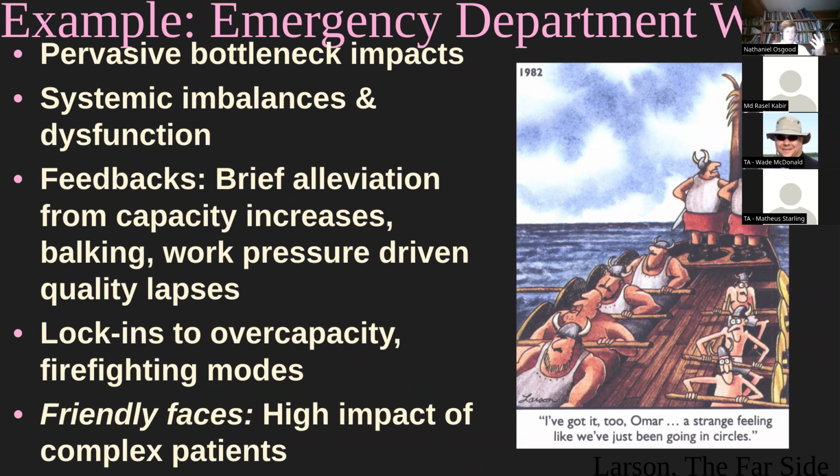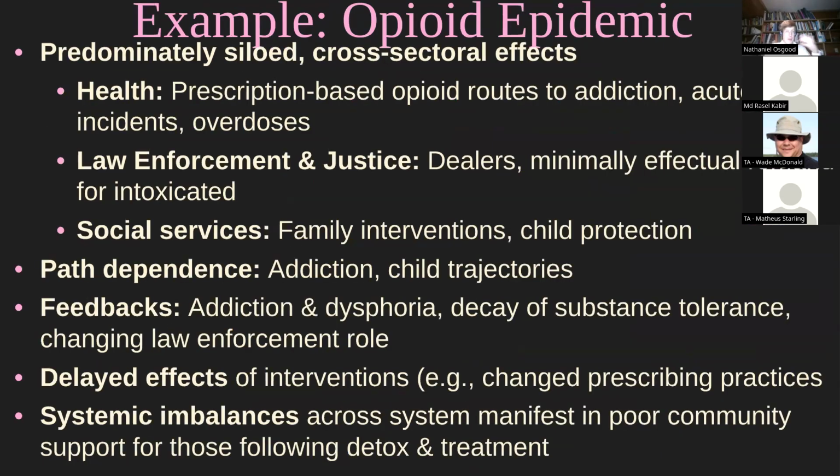Same thing with emergency department waits: lock-in effects, feedbacks, bottlenecks, systemic imbalances, heterogeneity, etc. Opioid epidemic, many of the same fundamental hallmarks of complex systems, and indeed, tragically, many of the same induced properties of adverse outcomes.